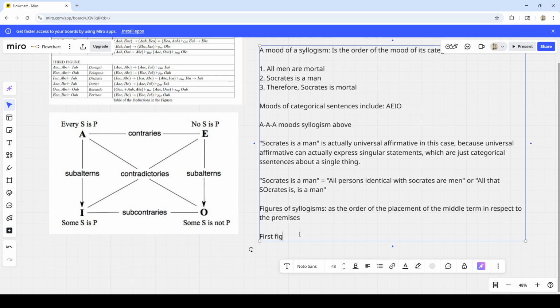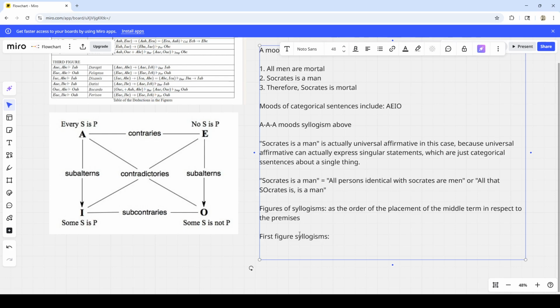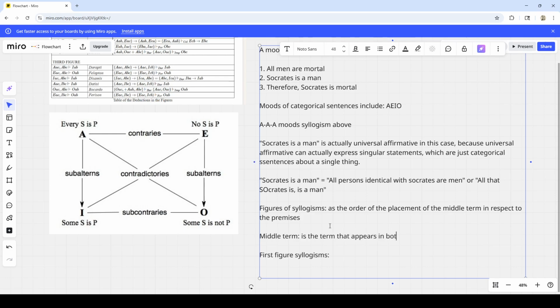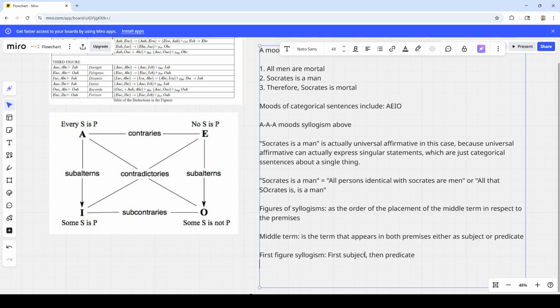Okay. The first figure syllogism is where the middle term... oh, let me actually define middle term first. The middle term is the term that appears in both premises, either as subject or predicate. So the first figure syllogism is where it's going to be first subject, then predicate.